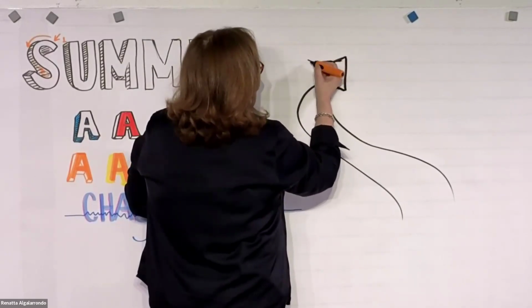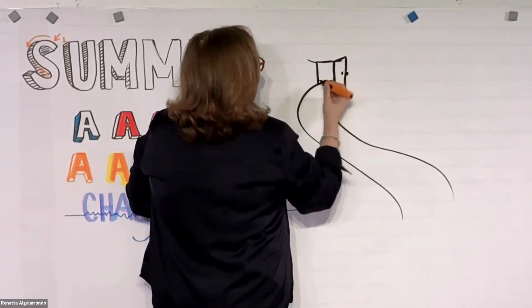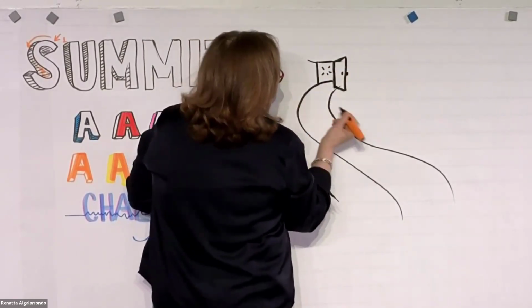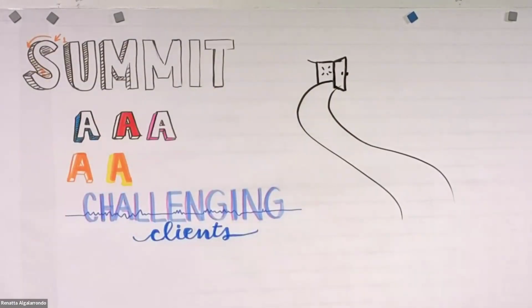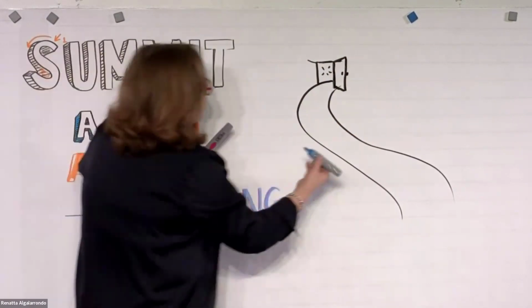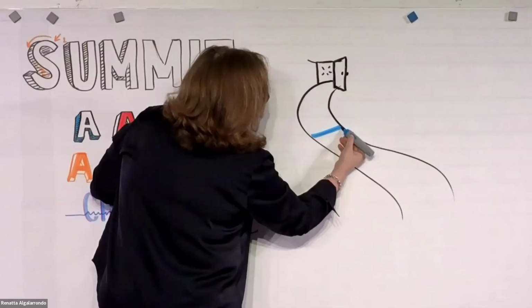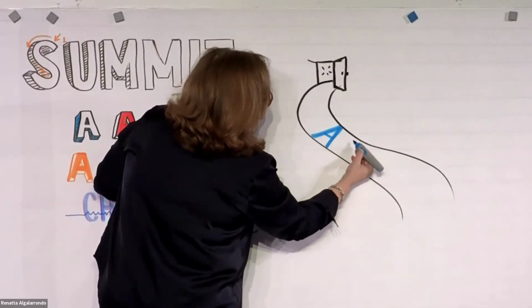Yeah, a door. This is not in place, that's okay. A few sunburst marks in the top. And now we're going to write the word access. So the word is going to live in the path.